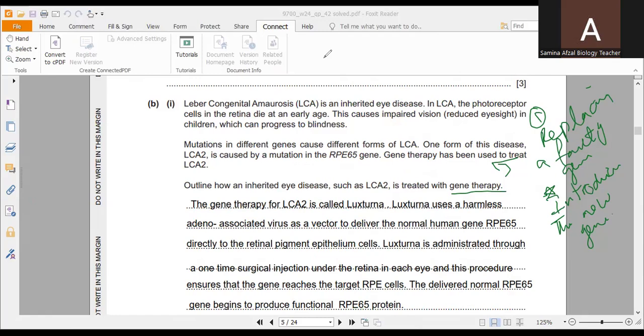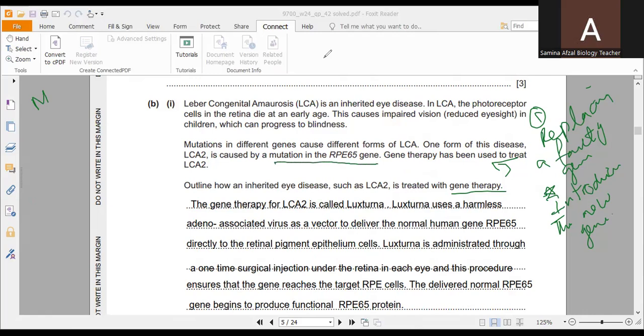What is Leber congenital amaurosis? It is an inherited eye disease, which we have read. It is caused by mutations in the RPE65 gene.